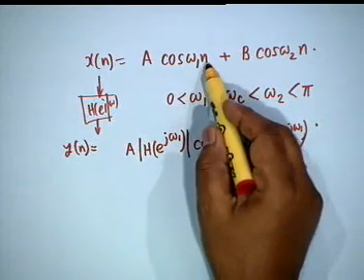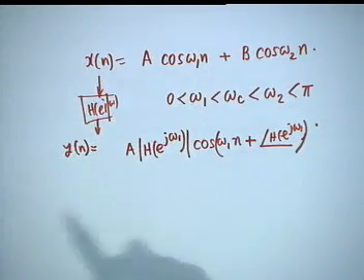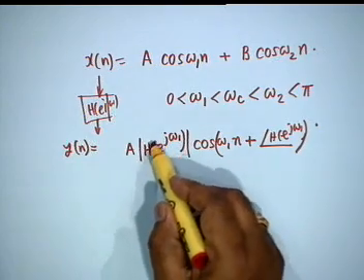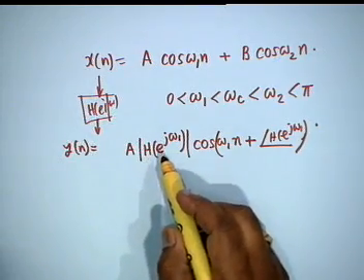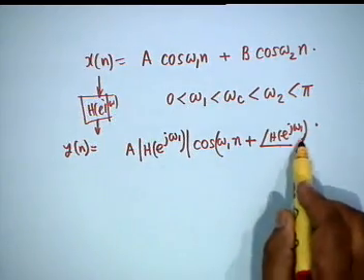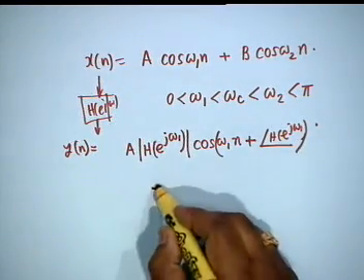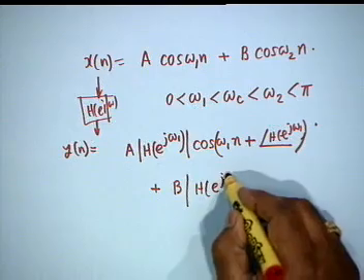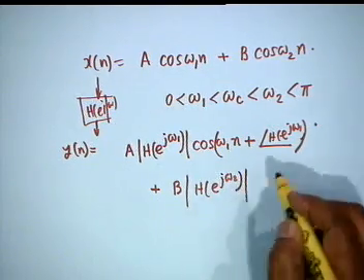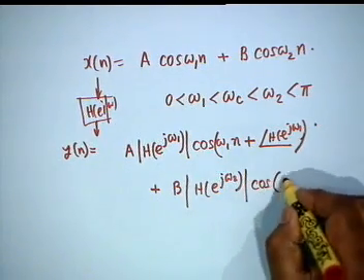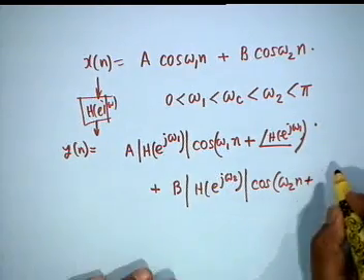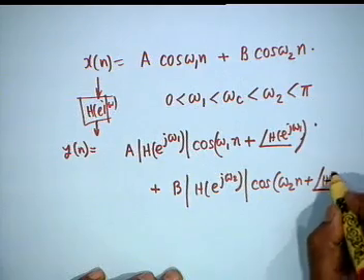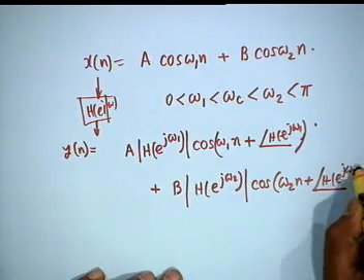Cosine omega 1 n shall be affected in magnitude by the magnitude of H at omega equal to omega 1, and its angle shall be shifted by this amount, plus b similarly magnitude H of e to the j omega 2 cosine of omega 2 n plus angle of H of e to the j omega 2.